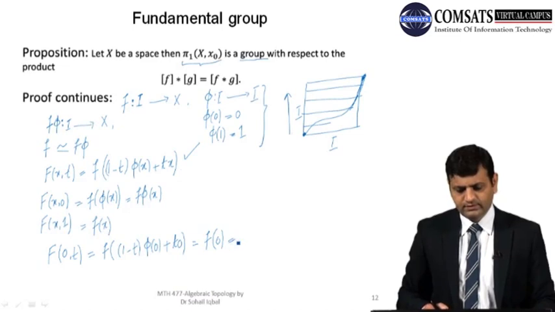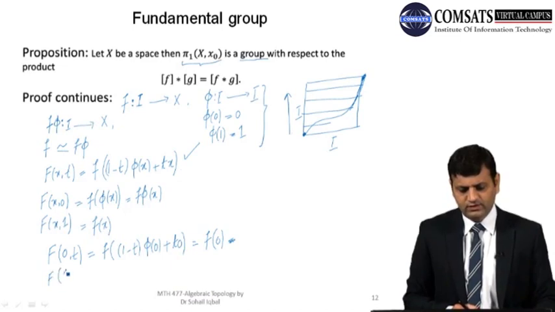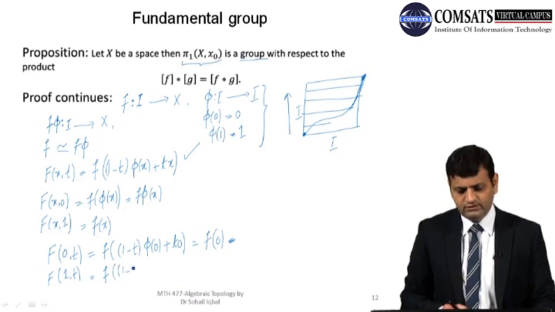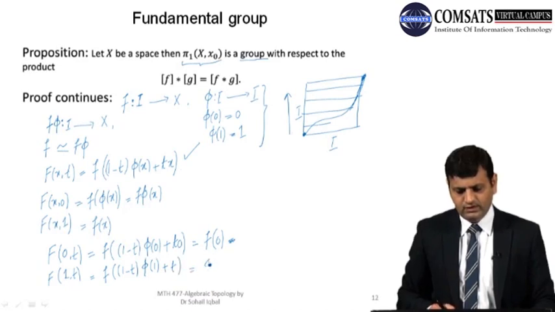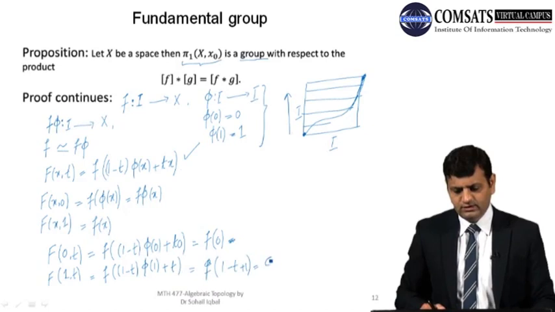Similarly, if I take x equal to 1 and t any value, this is f of (1 minus t) phi of 1 plus t times 1, which is f of (1 minus t) plus t. The t and t cancel out, so this is equal to f of 1.